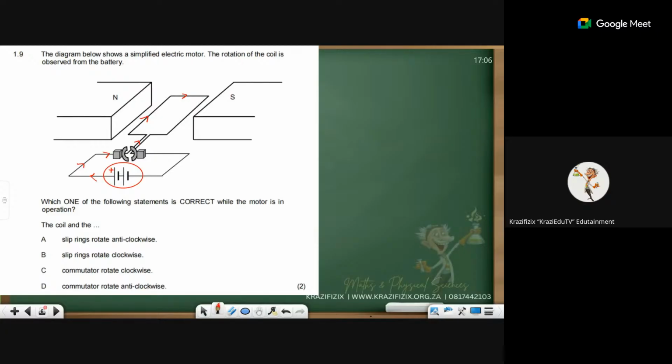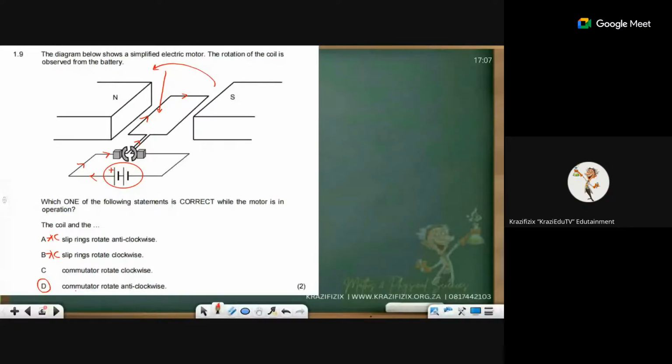My thumb is pointing down, which forces this thing to rotate anti-clockwise. And it cannot be slip rings. Slip rings are for AC, so these two are wrong. We are dealing with a commutator. So the correct answer is D. I hope it makes sense.